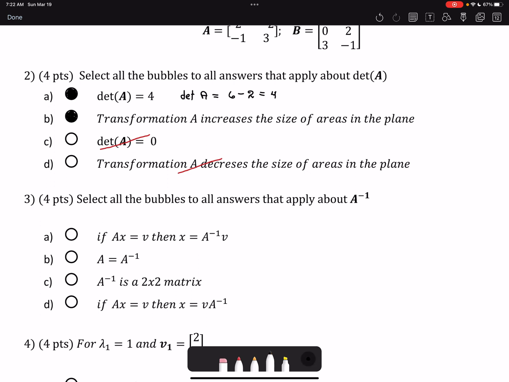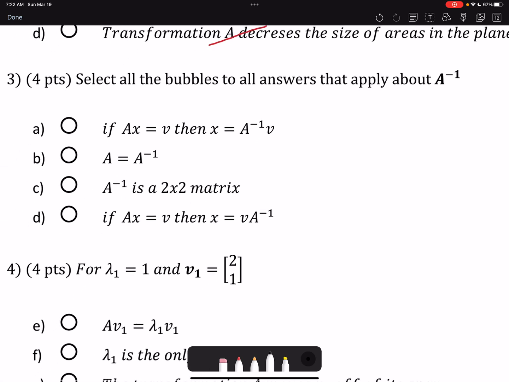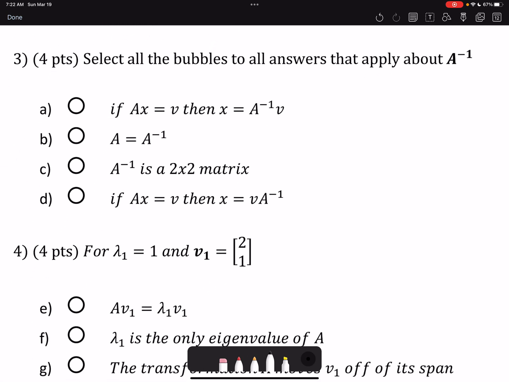Let's see. If A times X is equal to V, then X is equal to A inverse times V. Well, let's think about this for a second. We know that A times A inverse, assuming that it has an inverse, is equal to the identity matrix.